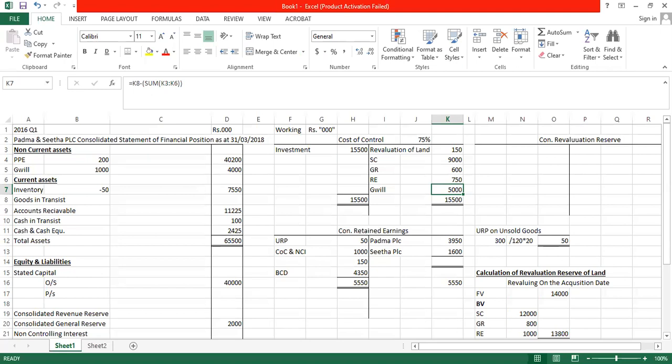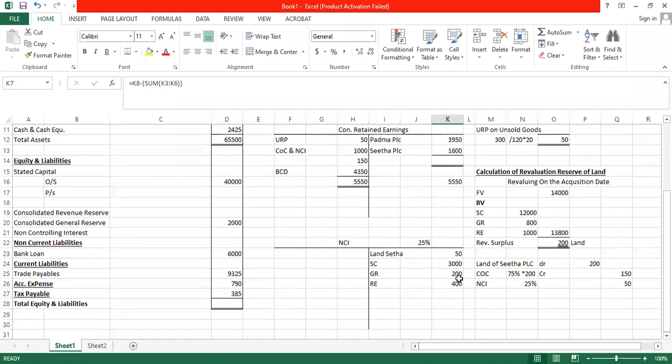And the rest of the 25% we included in the non-controlling interest account. So we can't take this 1,000. Therefore, we have to remove that 1,000 from your consolidated retained earnings, right?